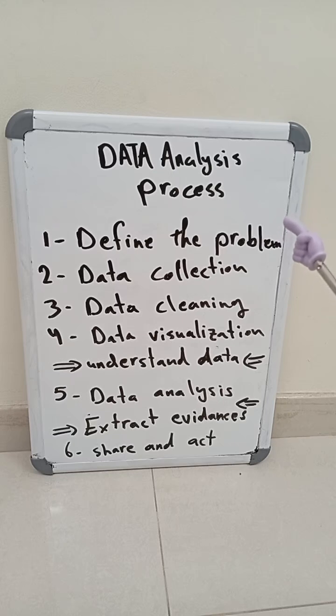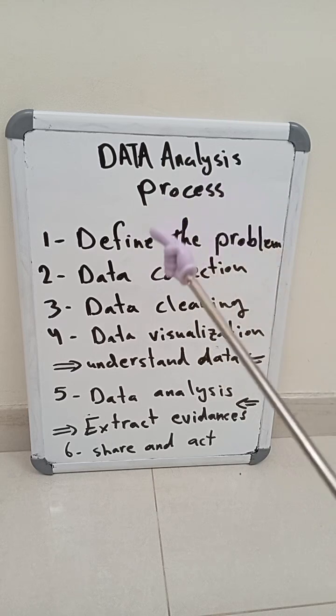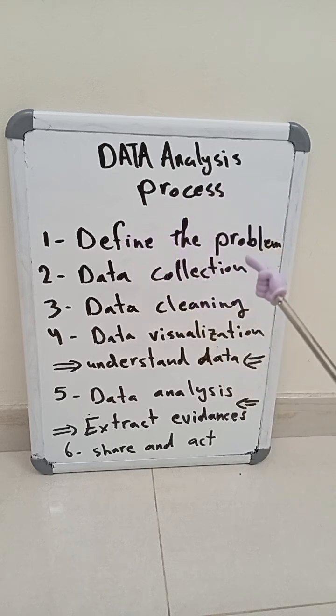But if you ask yourself specific questions about the things you can control related to a problem, you will eventually find evidence that can help you change those parameters into a solution for a problem. So the first step in the data analytics process is to define the problem.